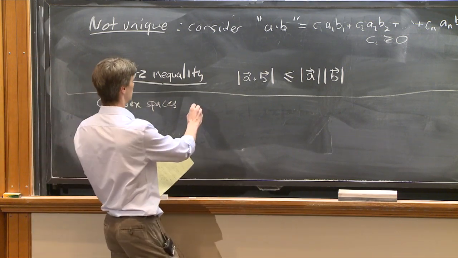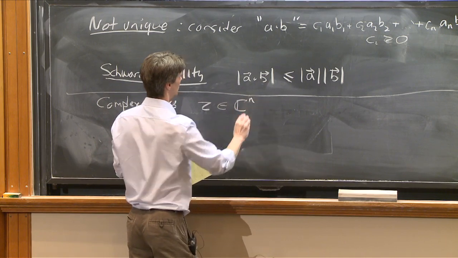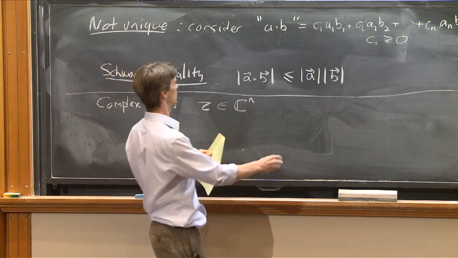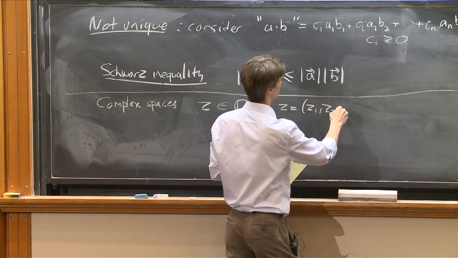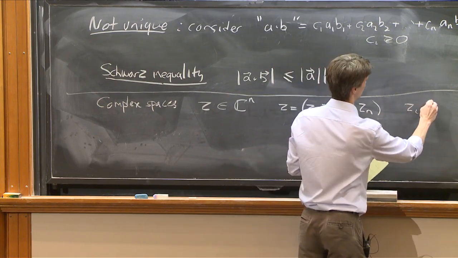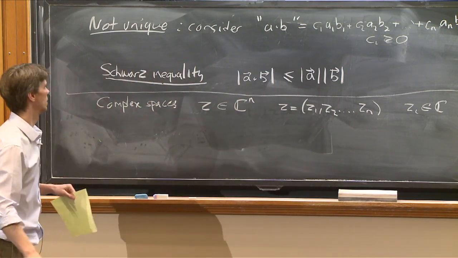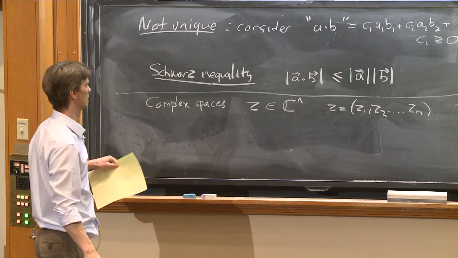So let Z be in n-dimensional complex space, so that my Z is equal to Z1, Z2, up to Zn, with the Zi's being in C, right? So how can we define a length for this object?